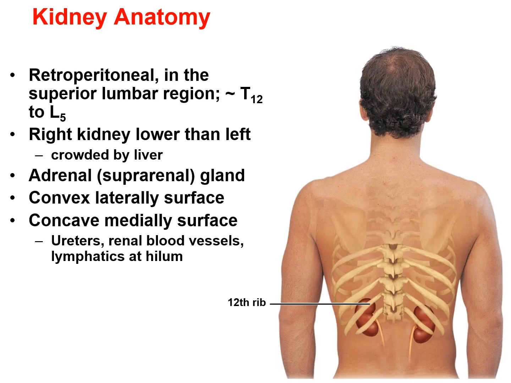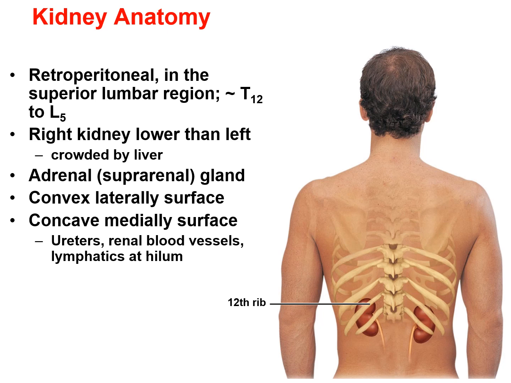So your kidneys are considered to be retroperitoneal, and what this means is they are not located in the abdominal cavity suspended by mesenteries like we saw for your small intestines and your liver. Instead, they are located posterior to the peritoneum, the serous membrane that lines the abdominal cavity.